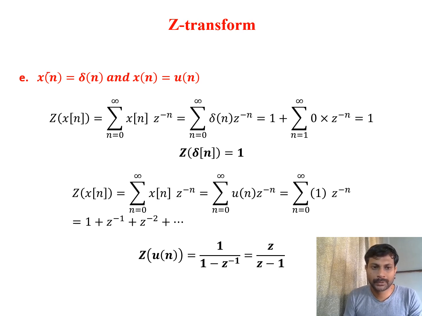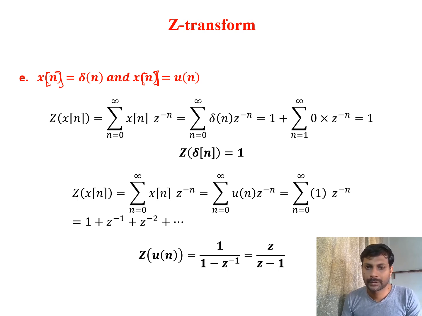Now the z transform of the impulse function, it is delta n, and the unit step response is u n.